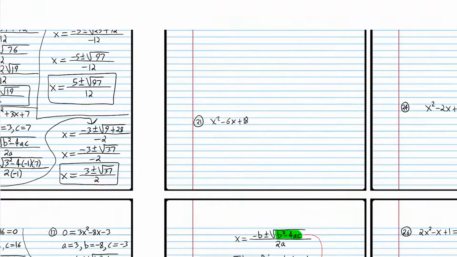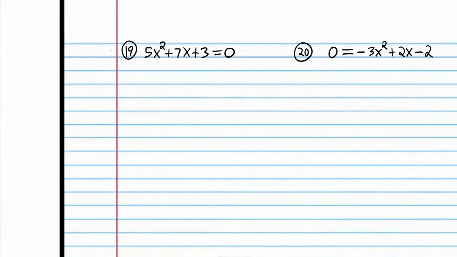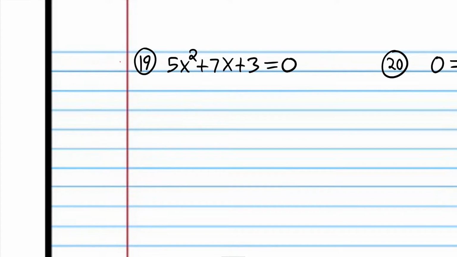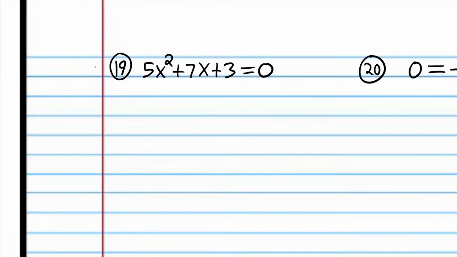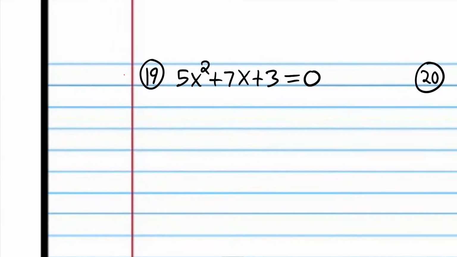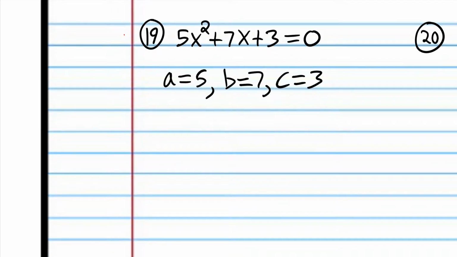Now we're going to do some problems where the solutions are going to be complex. So let's do these together, and let me label the constants, and I'm going to write the formula.